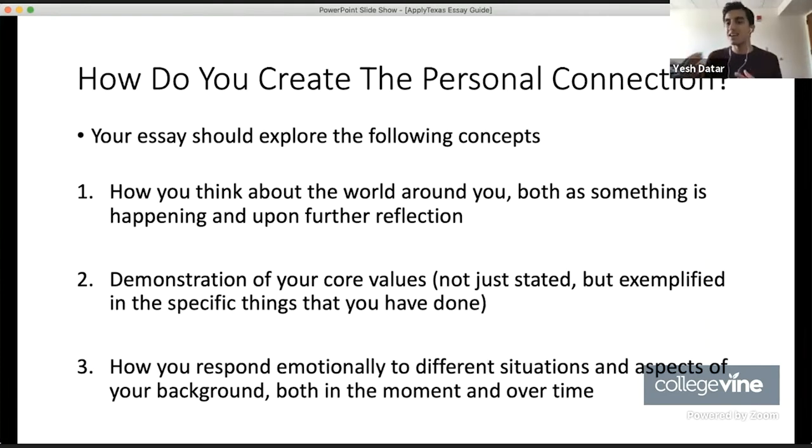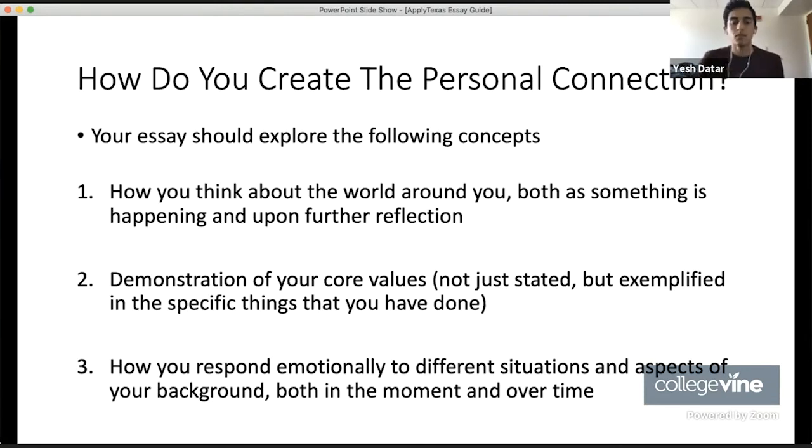Supplemental essays, not as much, because they're oftentimes more specific. They could be about your major of interest, school of interest, etc., right? So really, think of personal connection for the big impactful essays, right? A couple of questions to ask about yourself, reflect on in your essay to make sure you're touching upon these points.